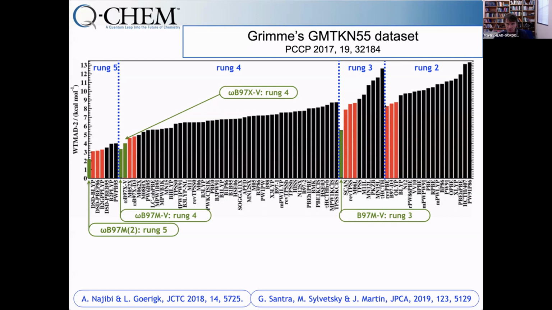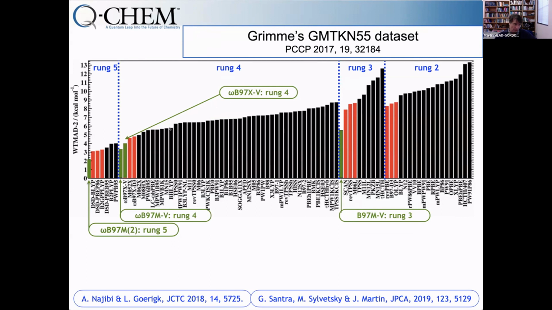You can see it's very close to the best functional that they identified, revPBE, and so is in the recommended list. If we go to rung 3, we see that B97M-V or RV significantly outperforms the best functionals that were tested in GMTKN55 originally. SCAN was the best meta GGA.